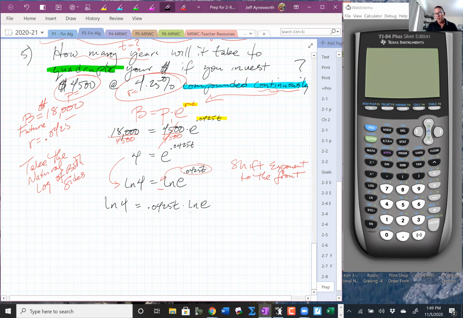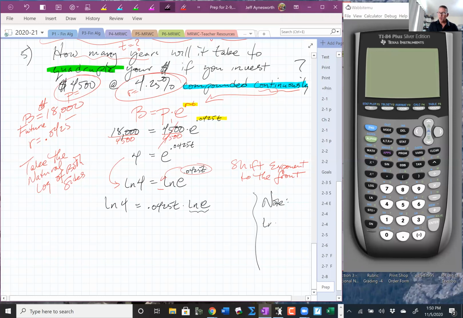Now let's simplify this a little bit. You may look back at your notes from earlier today in the beginning of the lesson. What's the natural log of e? Let's make a little note on the side.